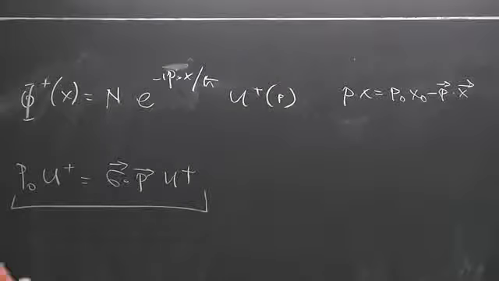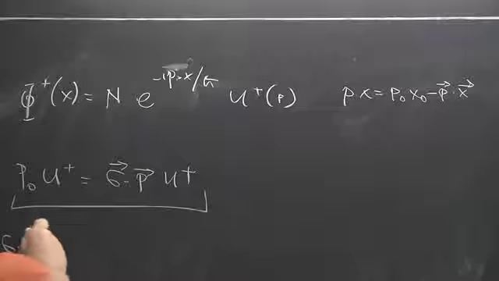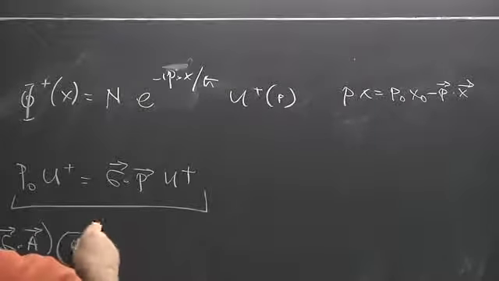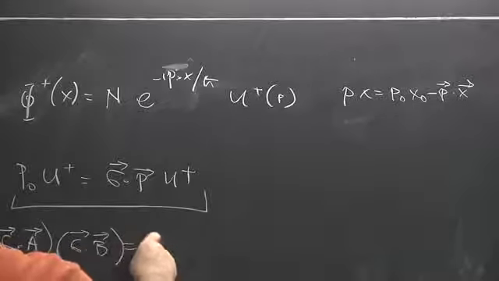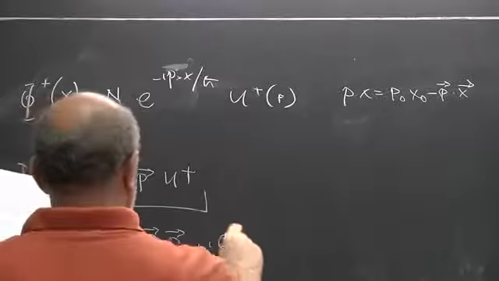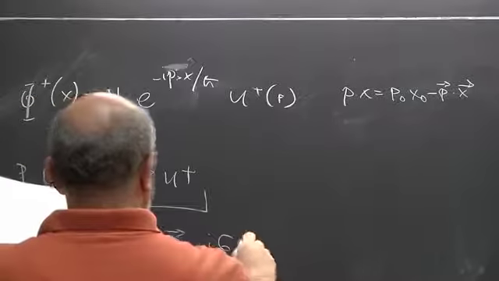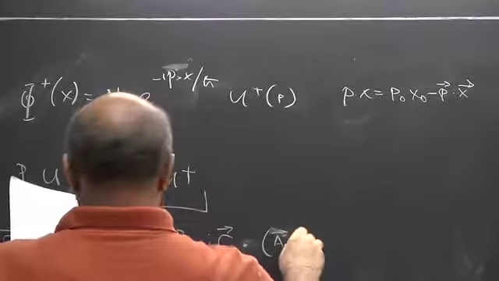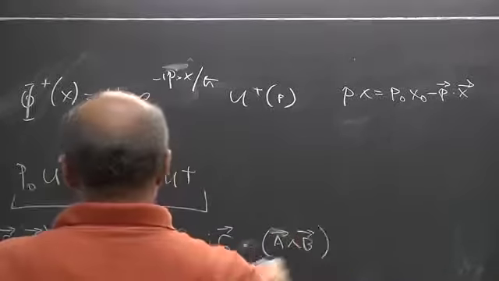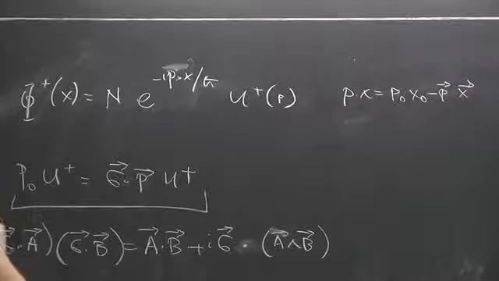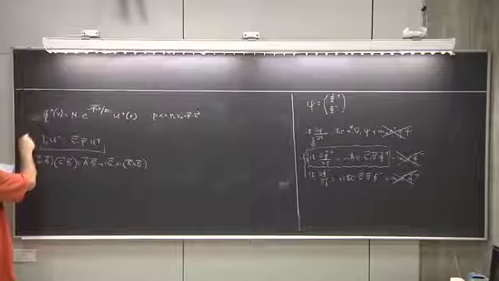Then, as I said yesterday, you use the well-known relation for the sigma matrices and multiply by sigma dot p.